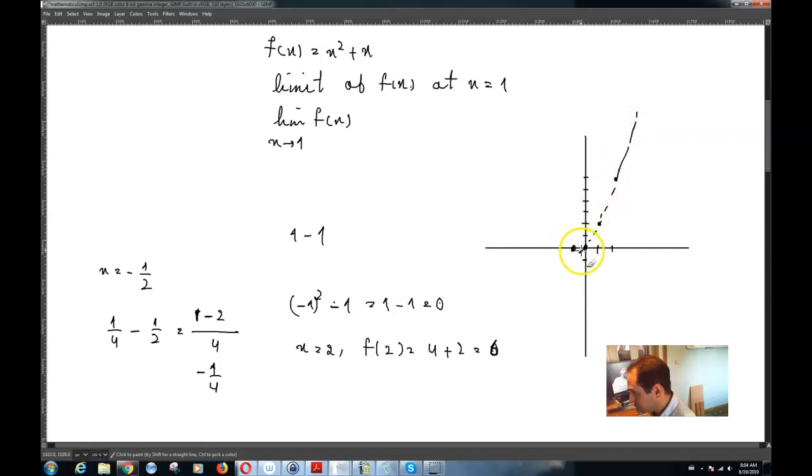I could do a couple of points over here, and then the function is going to be symmetric about this line, which is x is equal to negative 1/2. Okay, now that is your function.